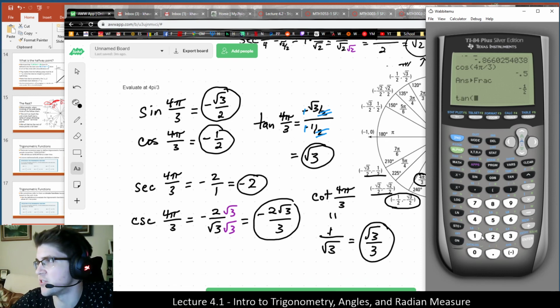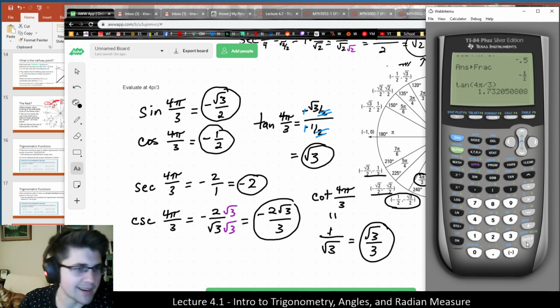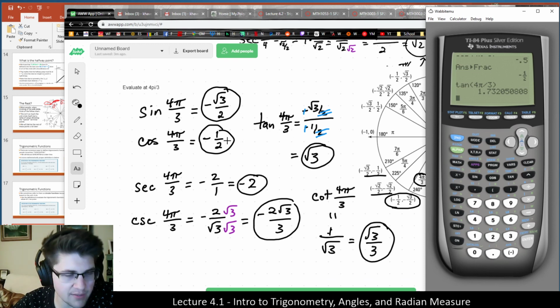And I could check the tangent of 4 pi over 3, which should be root 3. Now, root 3, you might recognize, is about 1.7. But your calculator will not be able to convert it to the root. So like I said, in some cases your calculator will give an exact answer, but in the case when it is irrational, you're out of luck.